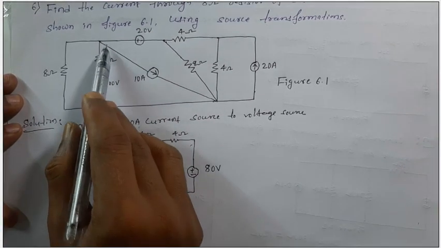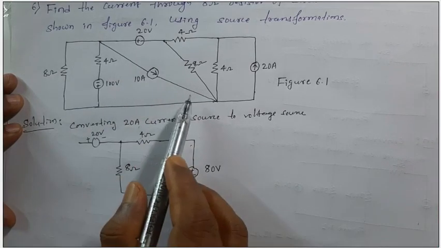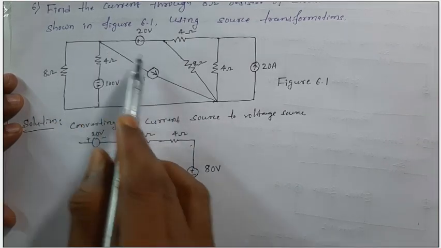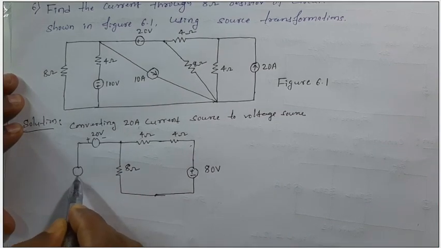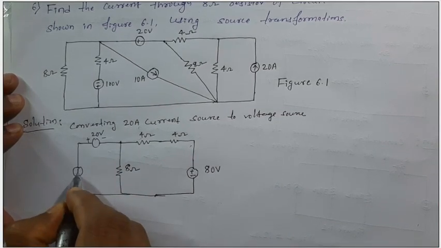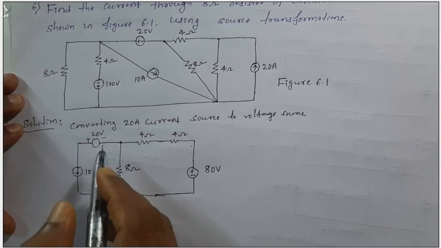And now because this is a diagonal current source, but if you see this is in parallel with this, because of that I will directly now write it parallel, 10 ampere.